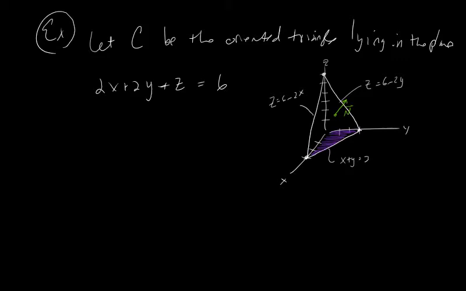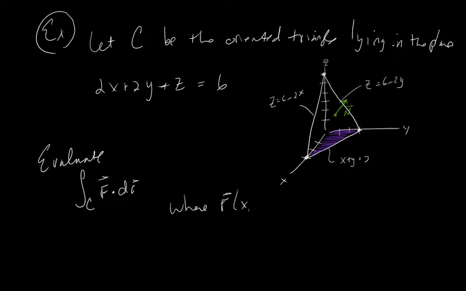Then we are asked to evaluate the line integral of F dotted with dr, where F of x,y,z is equal to negative y squared i plus z j plus x k.